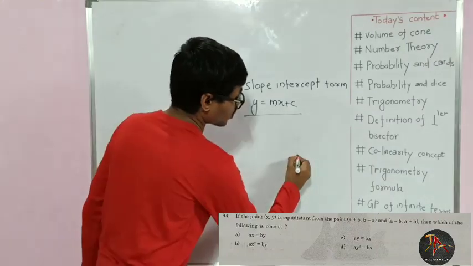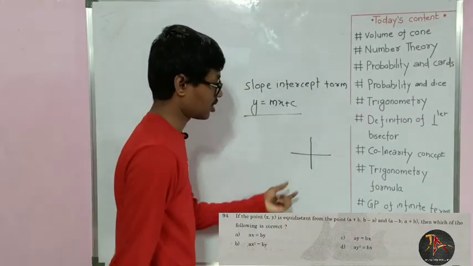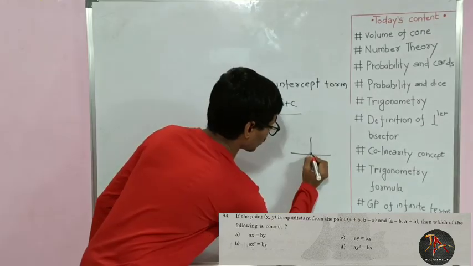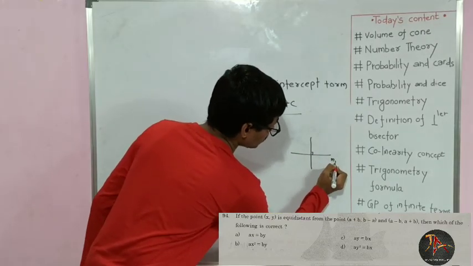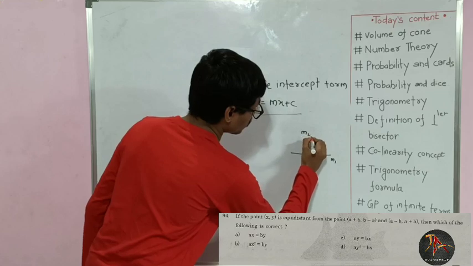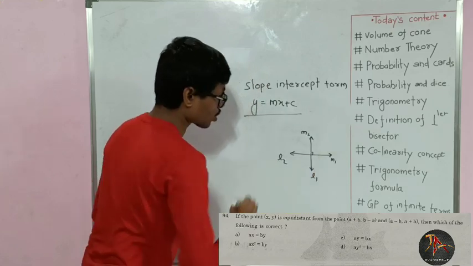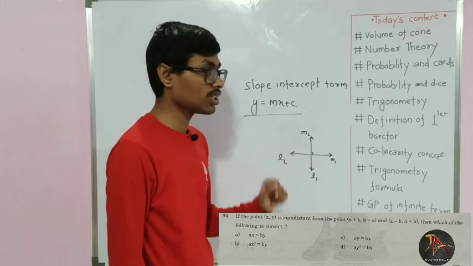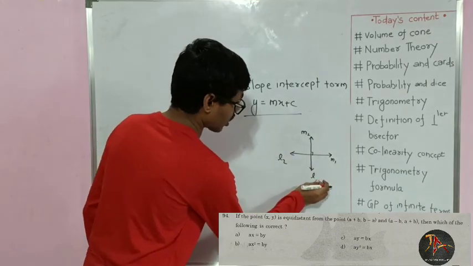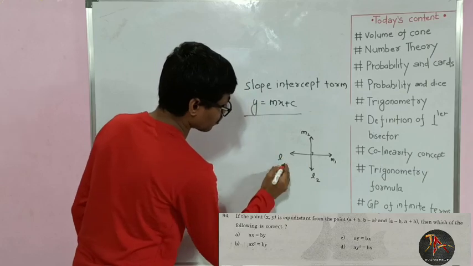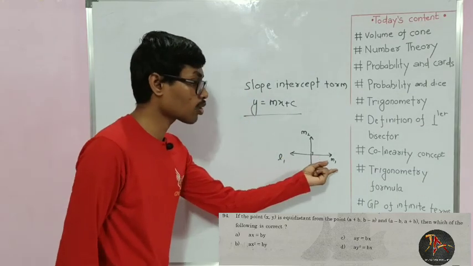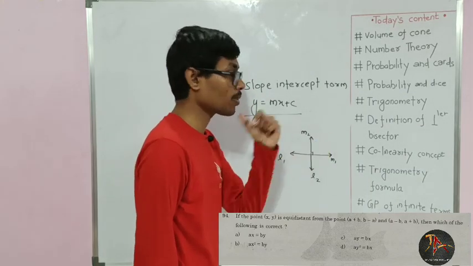Now, if two lines are perpendicular and the slopes of them are m1 and m2, suppose this line is L1 and this line is L2. L1 has slope m1 and L2 has slope m2.